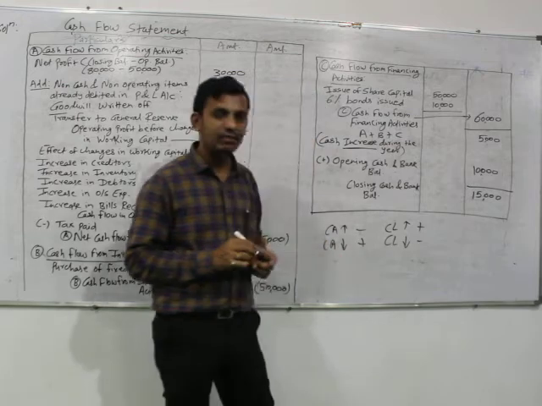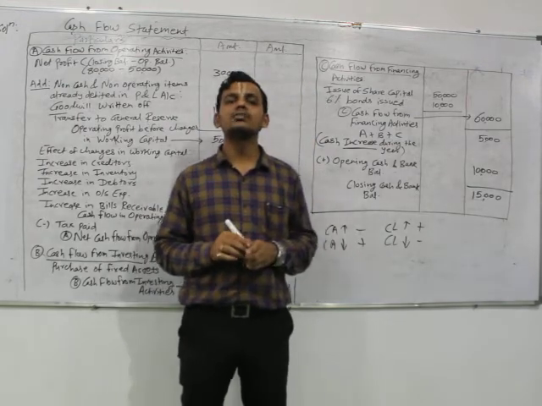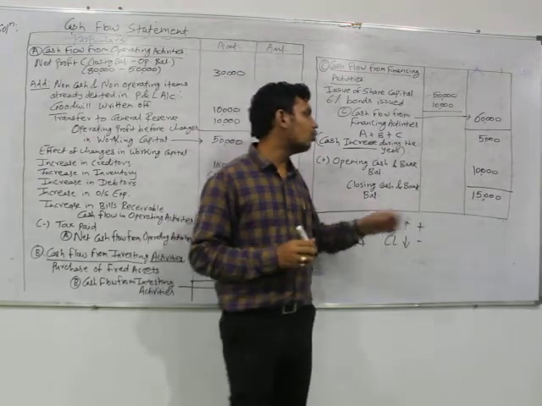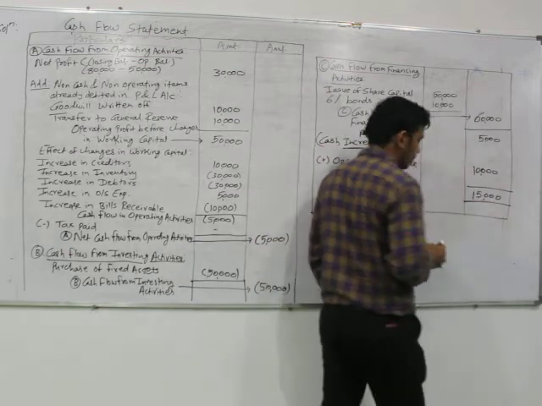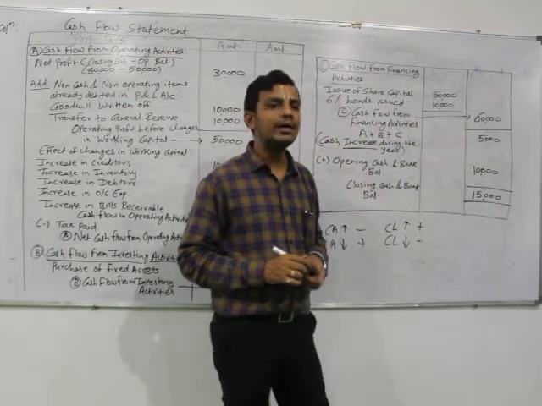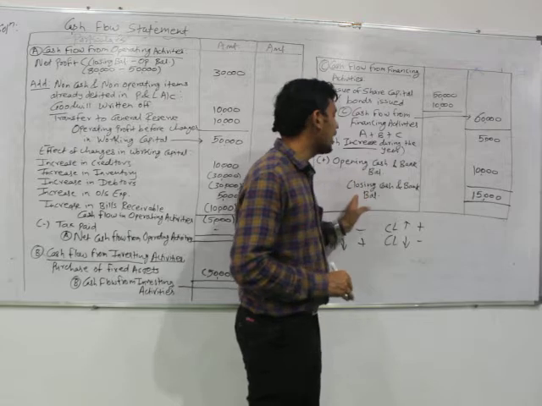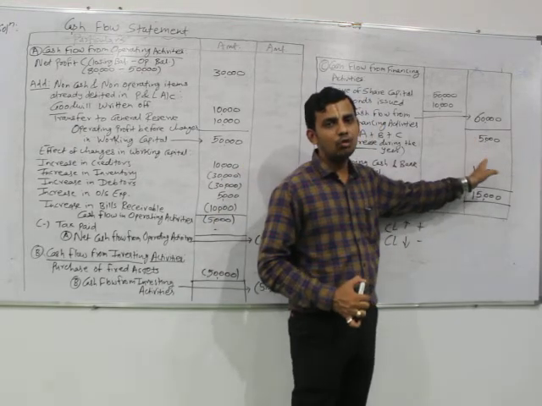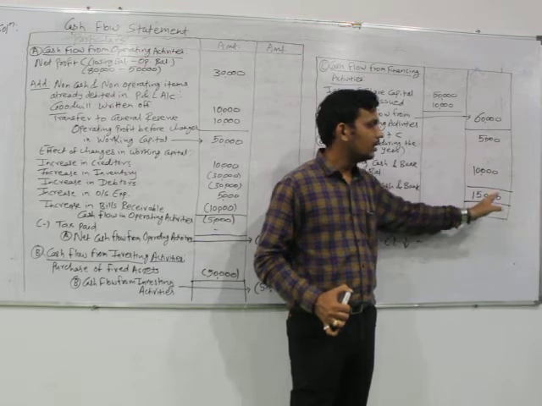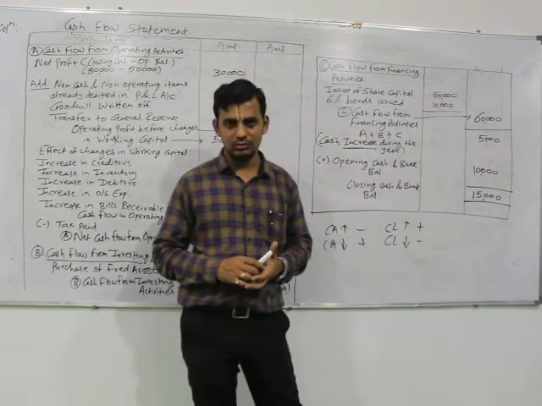That is the closing balance of cash and bank. This is what we spoke of yesterday, that if we have correctly entered all the amounts, we automatically cross-check our solution, as the total of A plus B plus C plus opening cash balance would definitely be the closing cash balance.